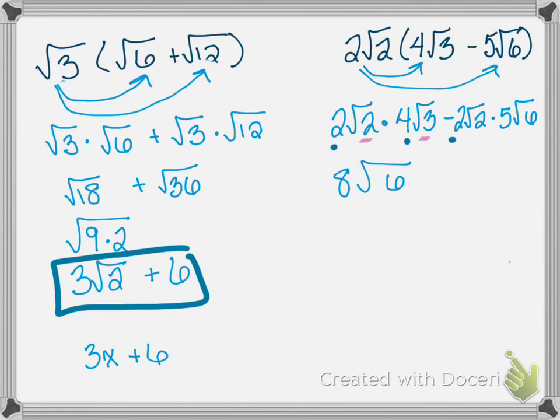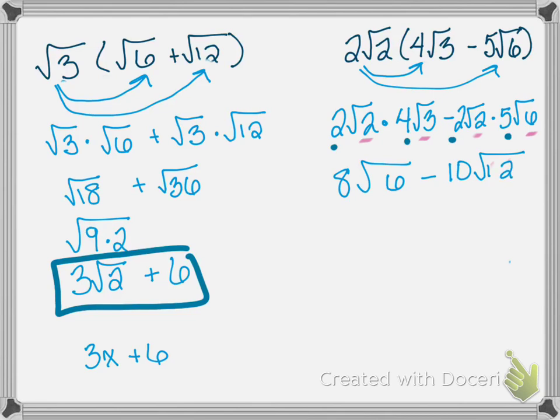Now I'm going to do 2 times 5. What's 2 times 5? Then I have the square root of 2 times the square root of 6. The square root of 2 times the square root of 6 is what? 12. Good. Now, we know, because we've done it before, that the square root of 12 can be broken down.